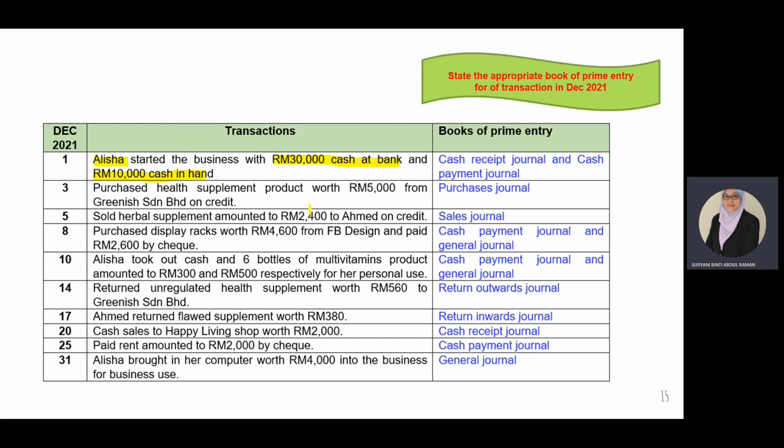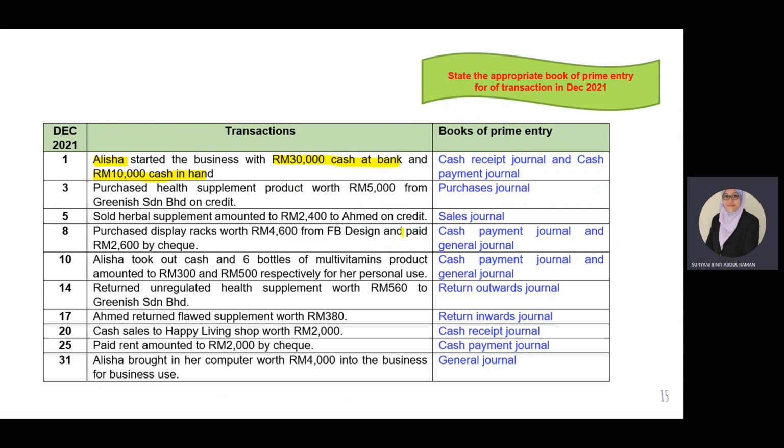So, in this case, there will be cash receipt journal and cash payment journal. Why cash receipt journal? Because you have brought your cash money into the business, and then you deposit the cash into the bank. So it involves cash receipt and cash payment.